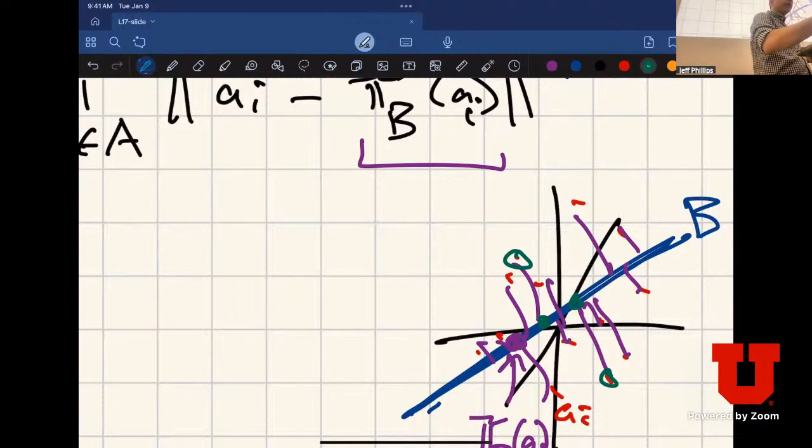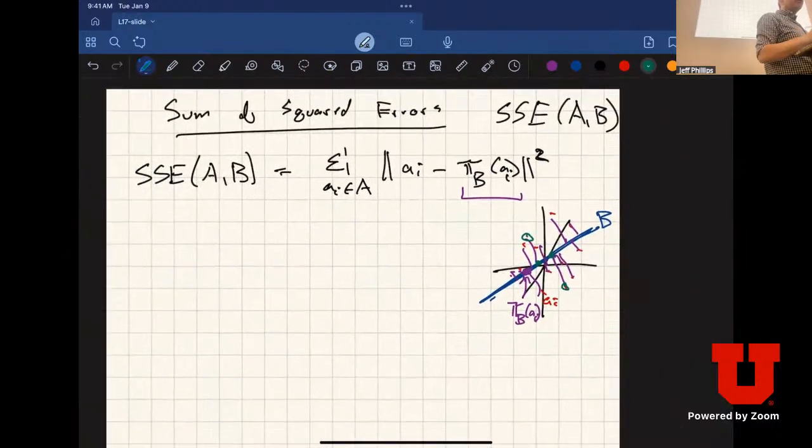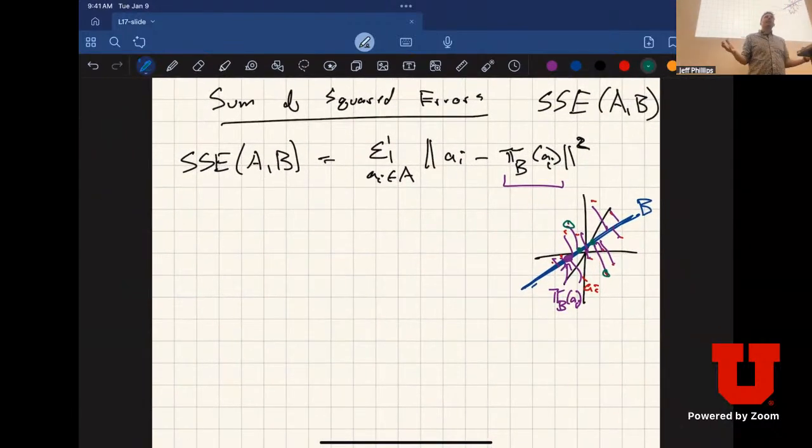I'm no longer trying to preserve all of them, but I'm trying to do the best possible, in the sense that it's a subspace that minimizes the sum of the squares of all these projection distances. But I won't have as strong guarantees for my analysis.